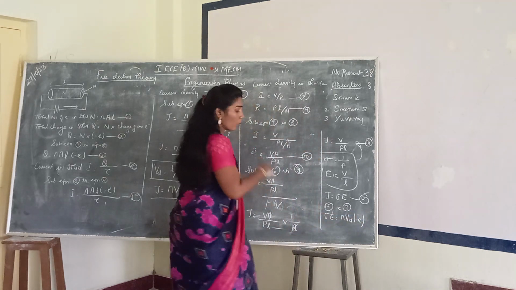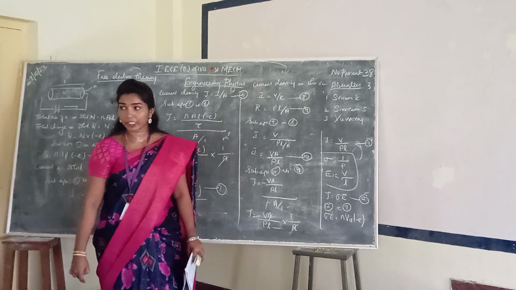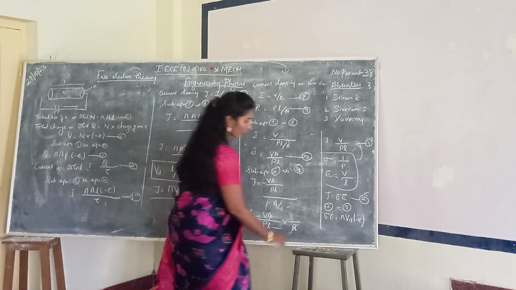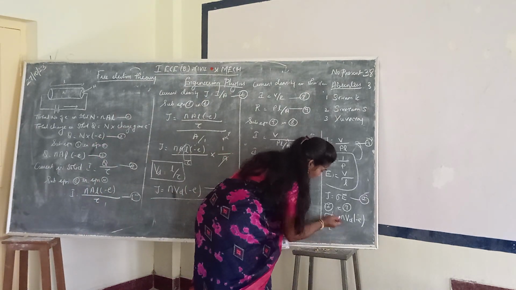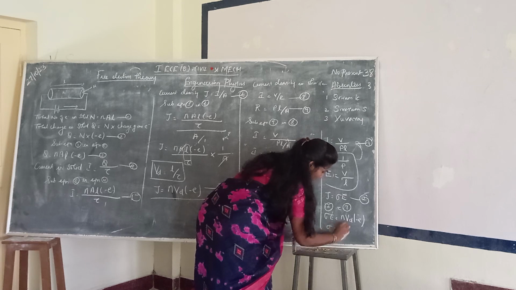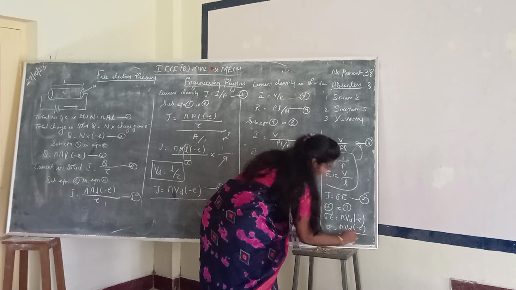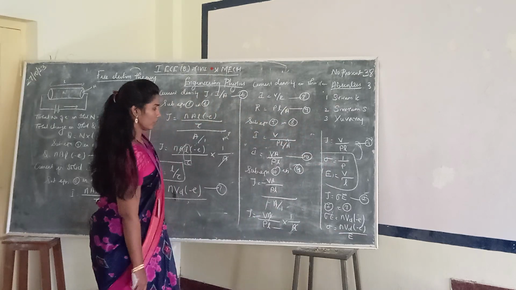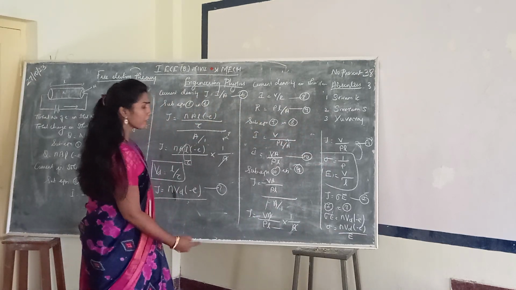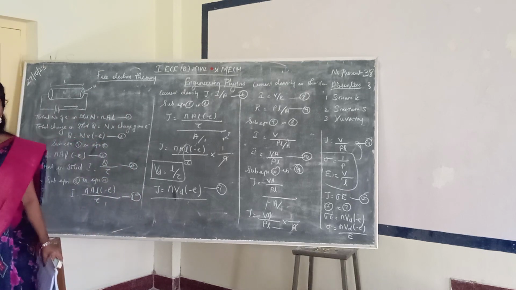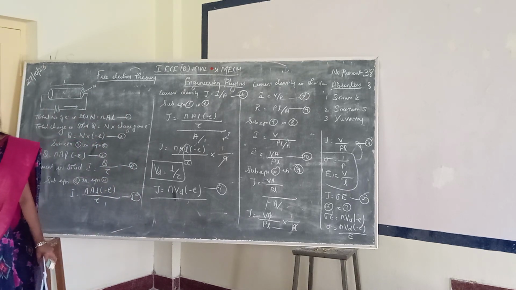Now what will we find out here? Here we will find out the conductivity. So write sigma is equal to N Vd into E divided by E. Now Vd divided by E is what here? Anyone tell me? Mobility.